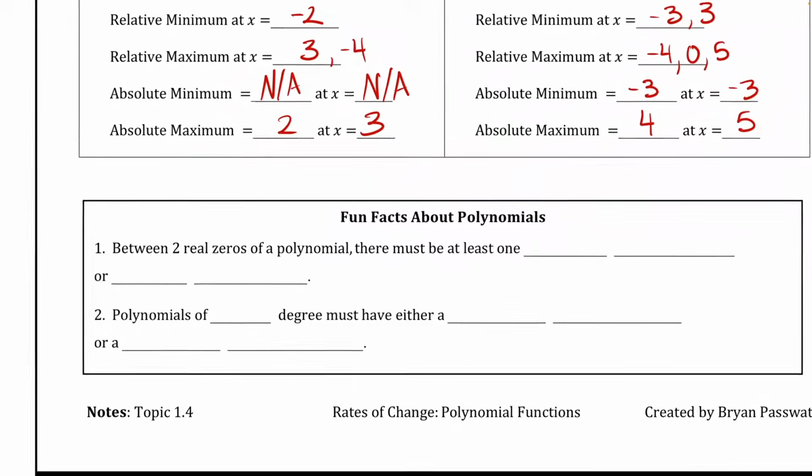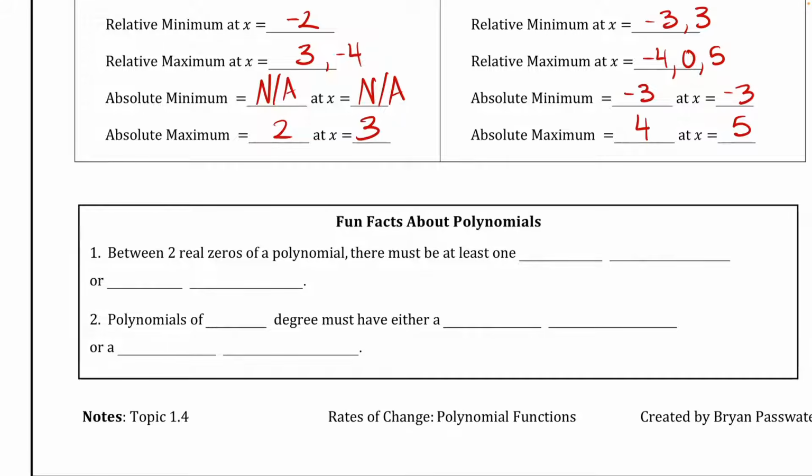All right. What do we got here? Fun facts about these polynomials. Between two real zeros of a polynomial, there must be at least one relative maximum or a relative minimum.